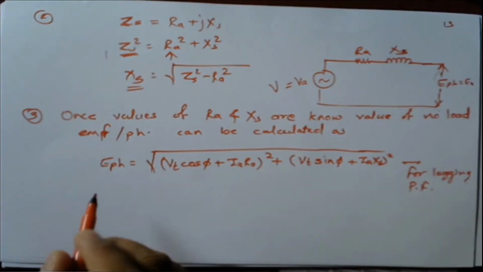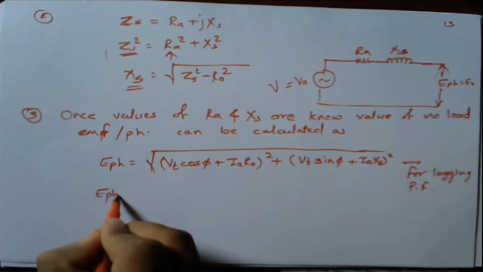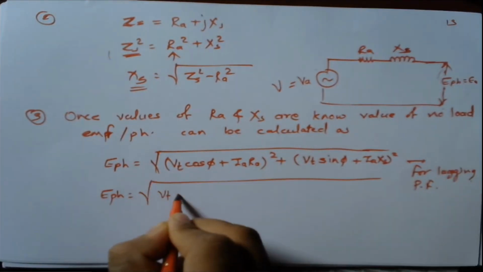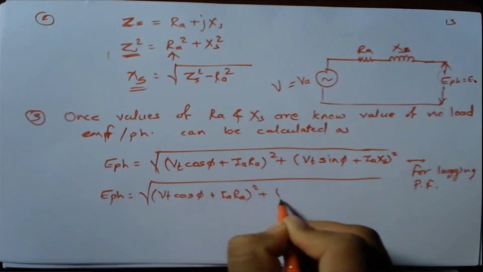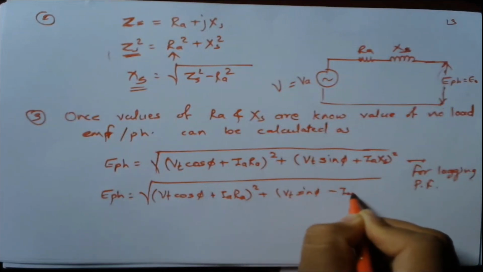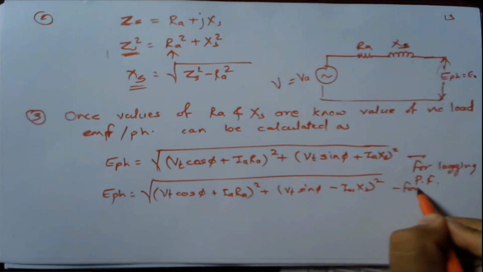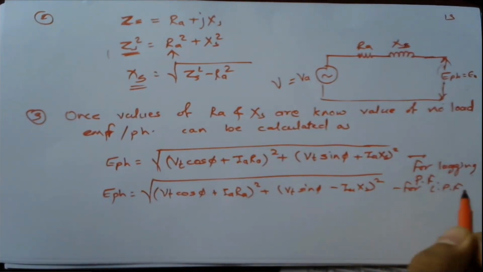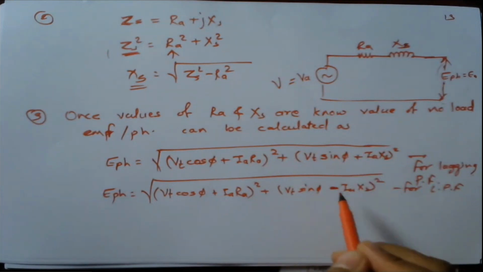We got the value of EPH. For lagging power factor, EPH is equal to the square root of (VT cos phi plus IARA) whole square plus (VT sin phi plus IAXS) whole square. If there is a leading power factor, for lagging this sign is positive, for leading this sign is negative.